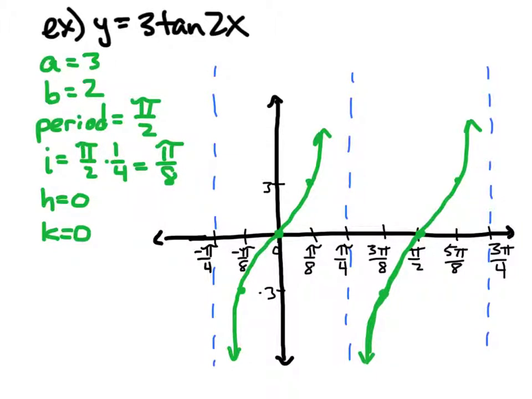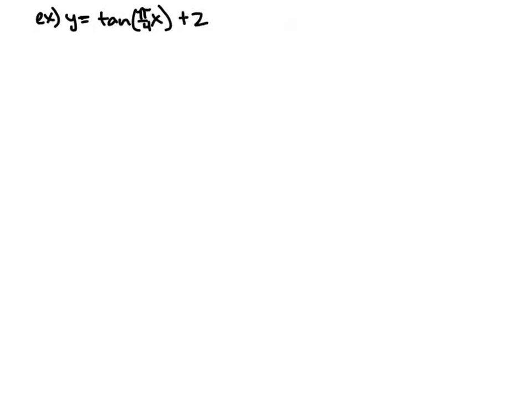The next example that we're going to look at is y equals tangent of pi over 4 x plus 2. I don't have to factor out this pi over 4 because there's still no h. So here we have a is equal to 1. B is equal to pi over 4. So the period would be pi divided by pi over 4, which is the same thing as pi times 4 over pi.